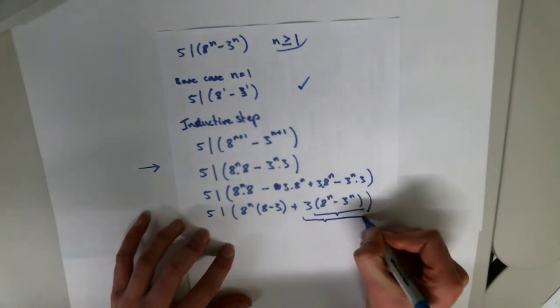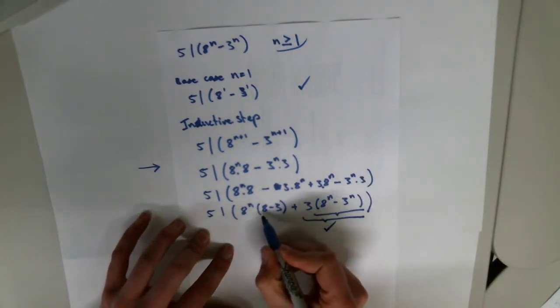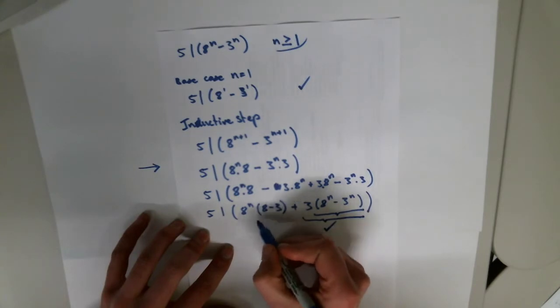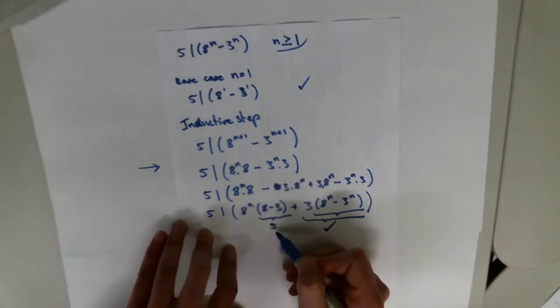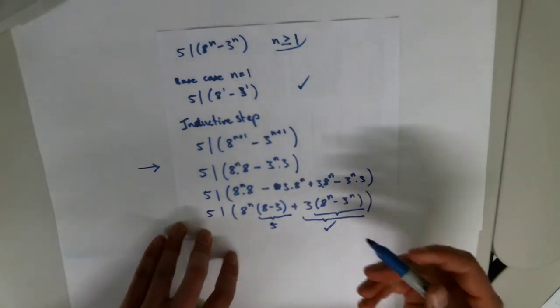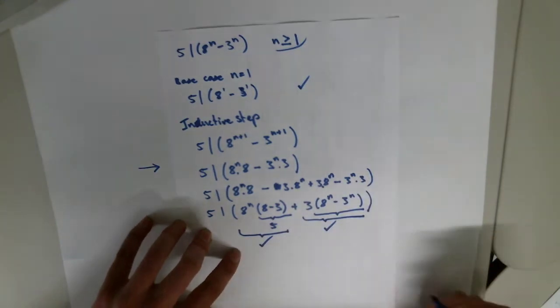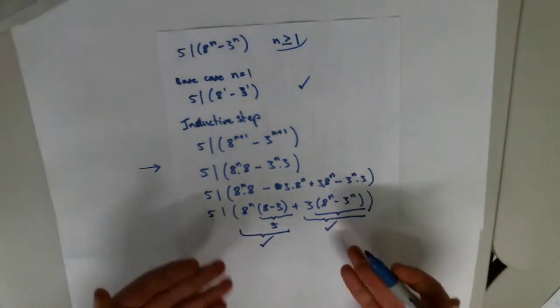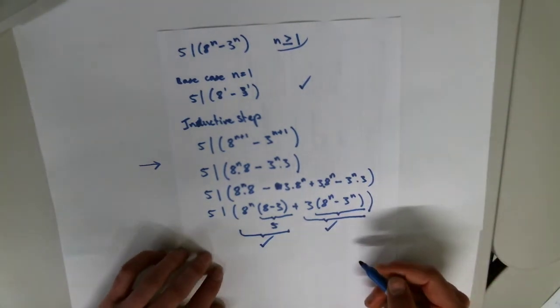So we know this whole term is divisible by 5. And what we can see here is this term, that difference there, that just gives us 5. So whatever this is, it's going to be multiplied by a factor of 5, and therefore this entire term here will also be divisible by 5. And we've now shown that both of our terms are divisible by 5, and we've completed our inductive proof.